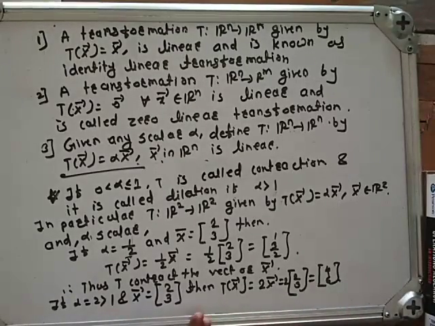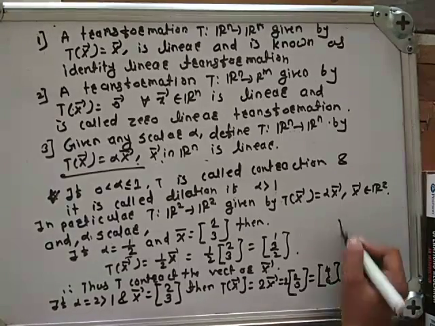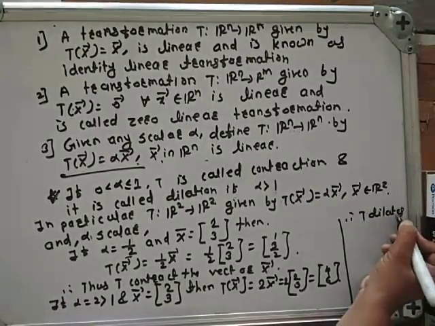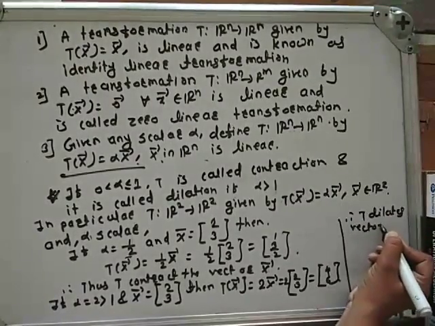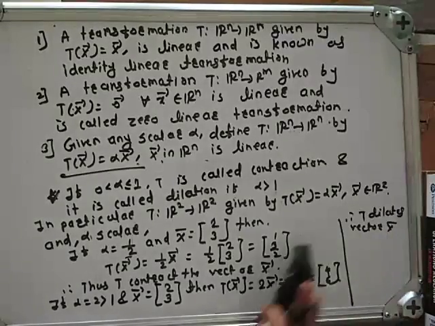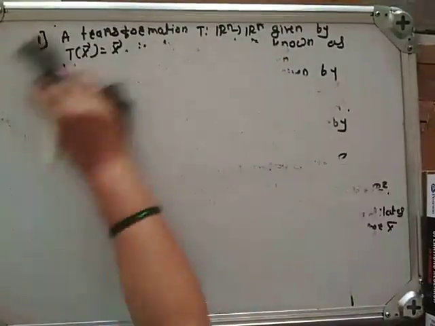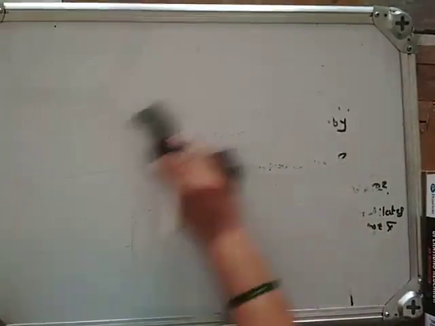Here T dilates the vector x bar, meaning T expands the vector x bar. Therefore T dilates vector x bar. These are the examples of linear transformation.